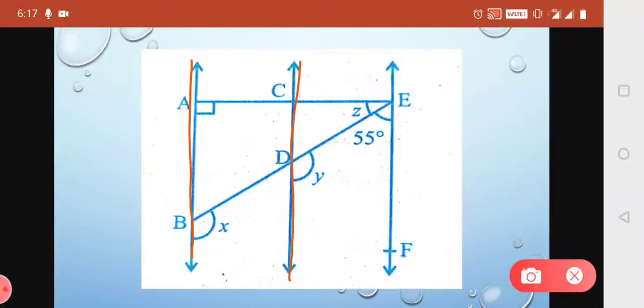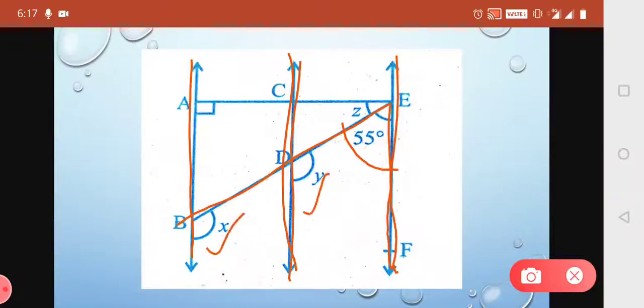Also it is given that CD is parallel to EF. And furthermore it is given that angle BEF equal to 55 degree. We have to find the value of X, Y and Z.